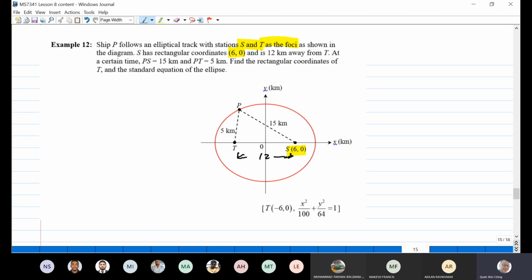Given that PS is 15 and PT is 5, find the rectangular coordinates of T. So where is T now? The question asks you, where is T? Then afterward, find the equation of the ellipse.